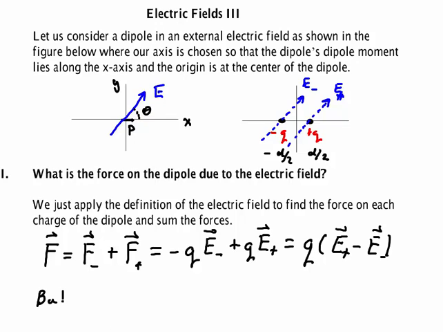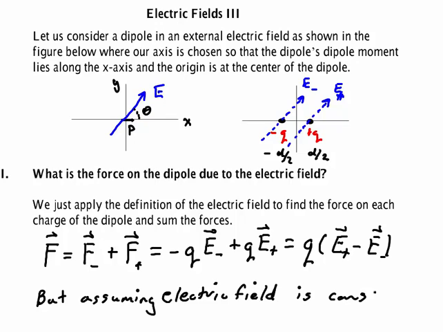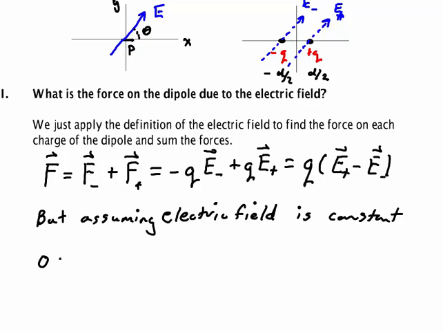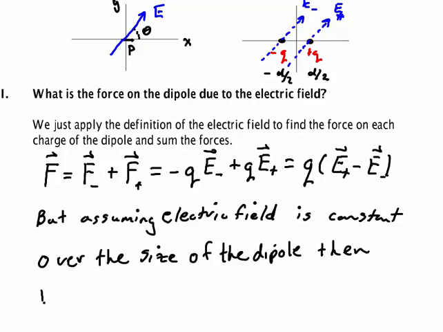But assuming the electric field is constant over the size of the dipole, which is usually true for many materials, then E minus equals E plus, and you can just call that E. And in this condition, if E minus is equal to E plus, then this whole term here is 0.